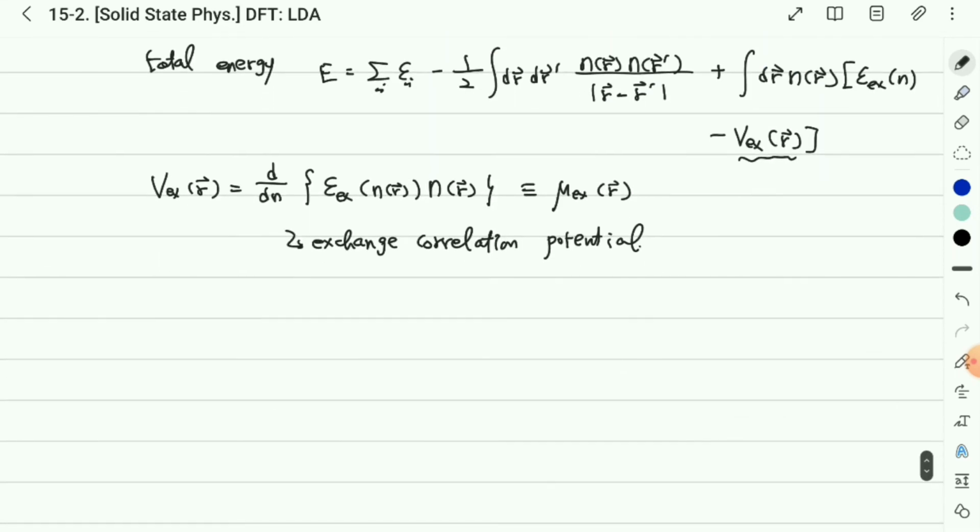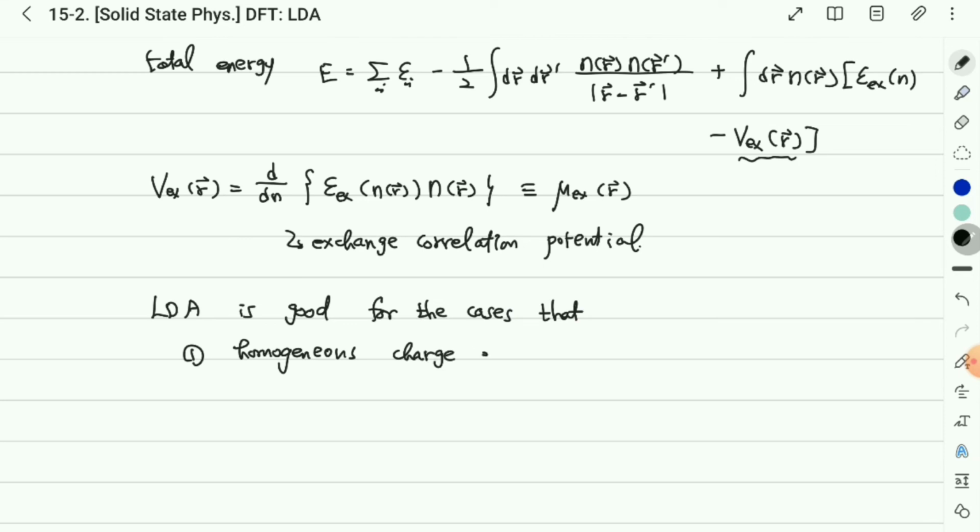I will say that LDA is good, first, for the cases of homogeneous charge distribution, and second, small exchange interaction.